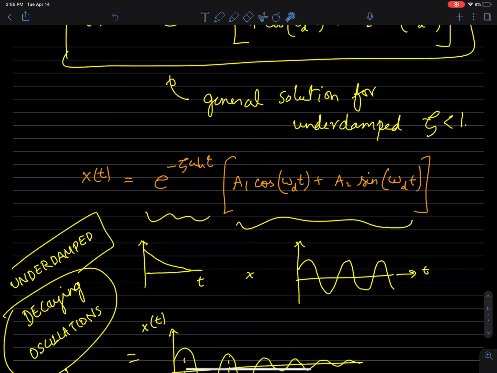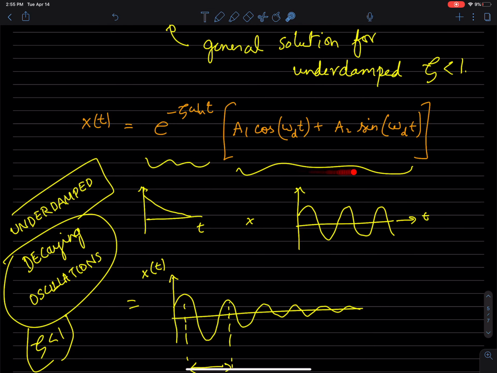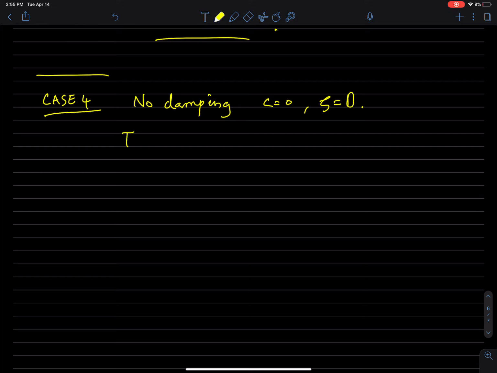It's a special case of case number 2, underdamped, and then all you're left with is this case, okay? This is a special case of case 2 with zeta equals 0, omega d equals omega n.